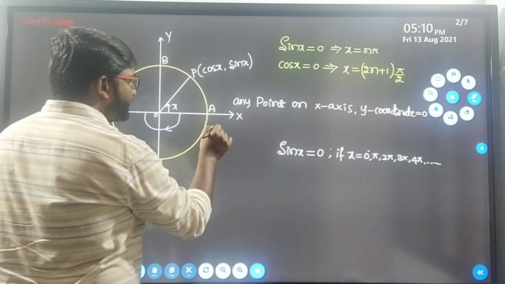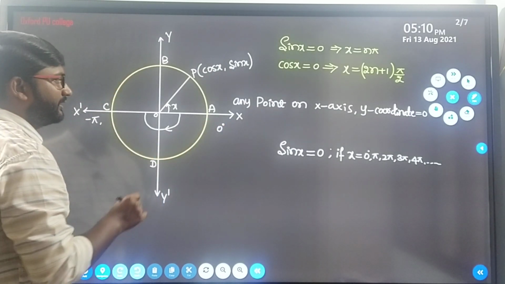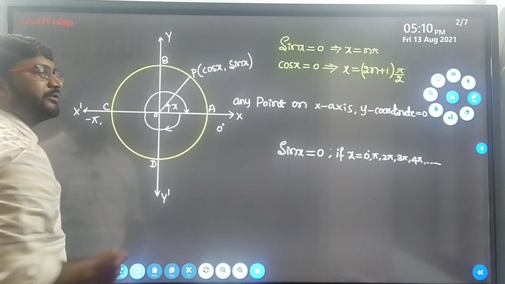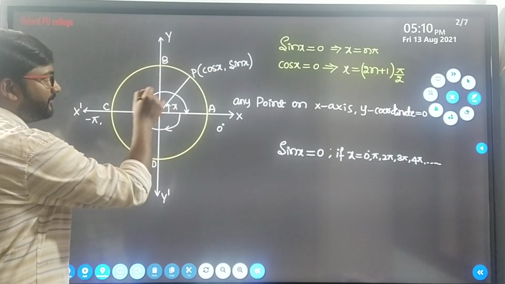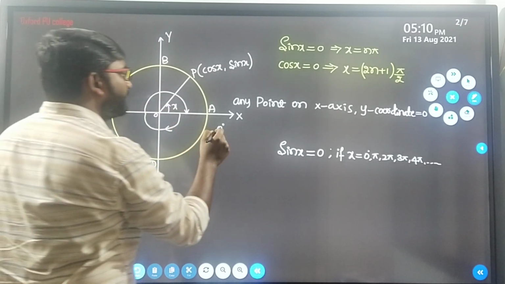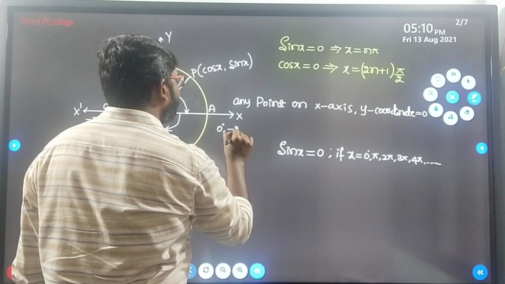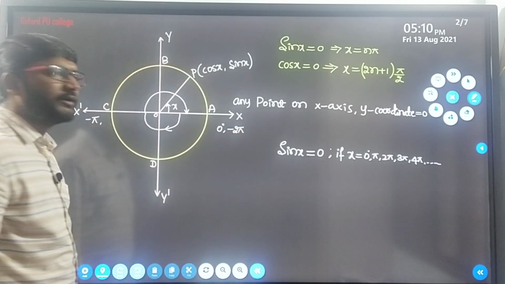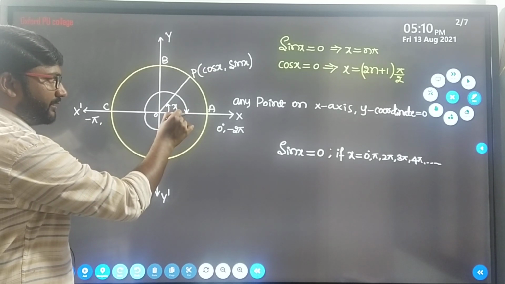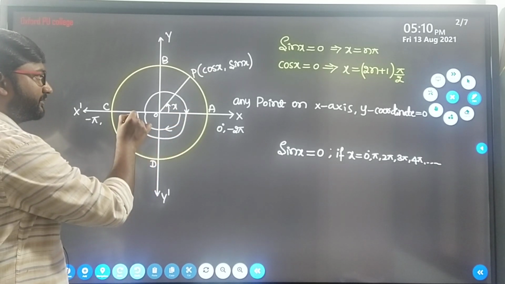Initially it will be 0 degree. Now from here to here, it is one complete revolution. We are measuring in the clockwise direction, so one complete revolution will be minus 2 pi radian. Then again I start from this point and go one more rotation till here.